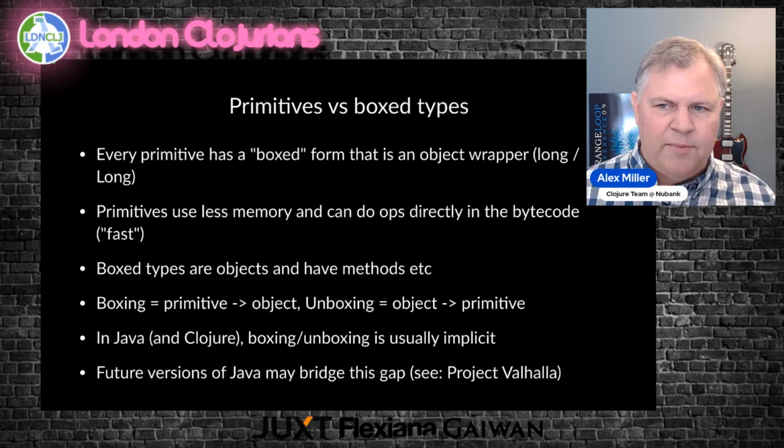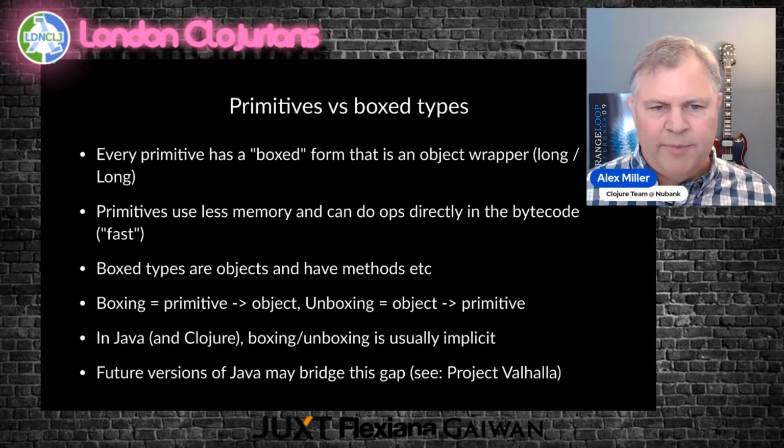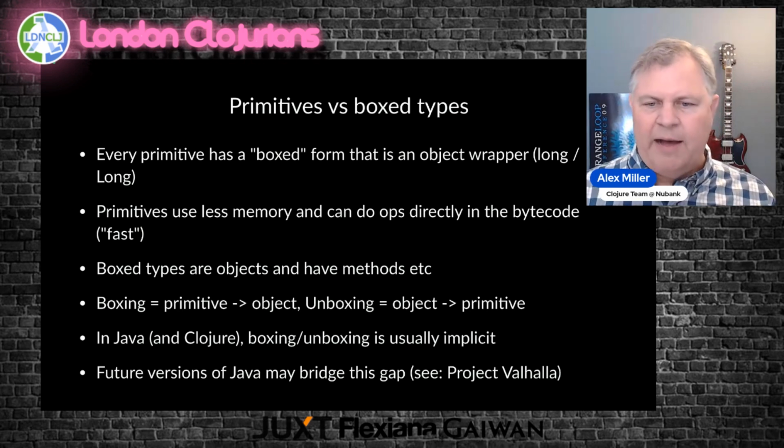So they kind of had this trade-off. Primitives use less memory. If you have a Java int, a primitive int, it takes 16 bits in memory. Whereas if you have a Java Integer object, so the object form of it, then you've got some object overhead and some field overhead, and they generally take more space in memory.